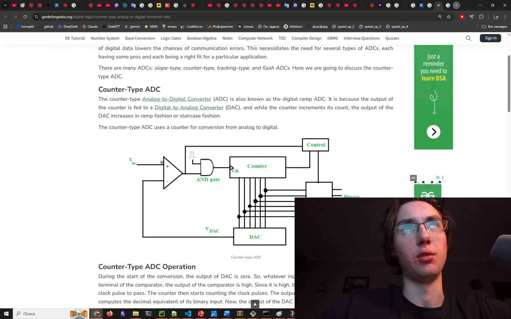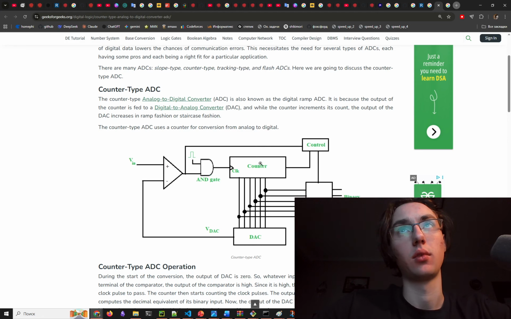If this one was larger, then it will output 0. So first of all it will output 1, the AND gate will generate 1, and the counter will count up to 1.